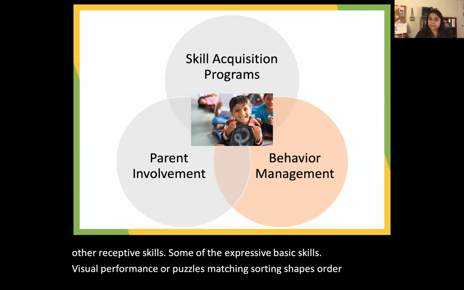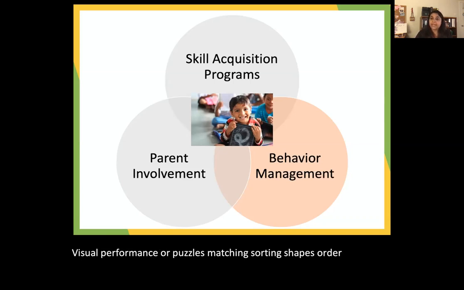And all of this is going to be taught by using natural environment teaching methods that we just saw, also using some systematic teaching. What is this, show me, and then using error correction procedures.